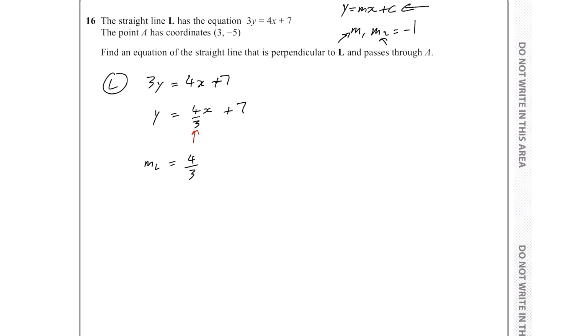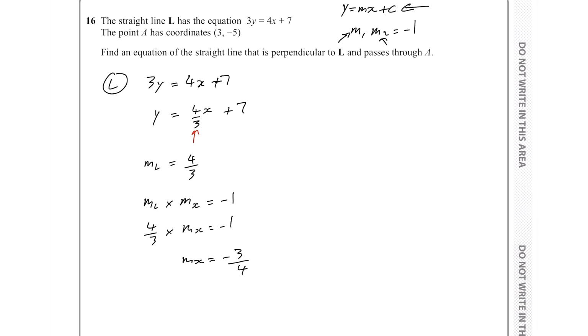Now I told you the gradient of a perpendicular line is going to be mL times this other line, which they haven't given a name to, but let's call it line x, is equal to minus 1. So now I know that mL is 4 over 3, and we're going to multiply by something to get minus 1, so it must be mx is going to be equal to minus 3 over 4.